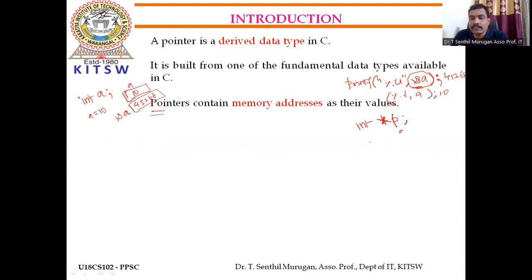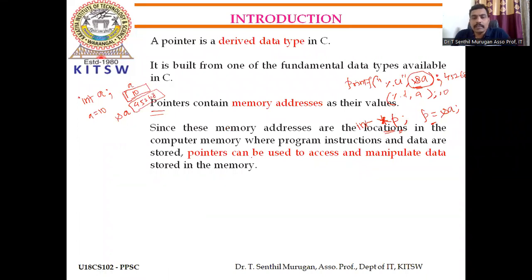The declaration methods, how we can declare, we will discuss in further slides. But if you declare like this, you can assign the address of another variable. So if you assign the address of a to p, the pointer is pointing to the memory location of variable a. That is the use of a pointer.